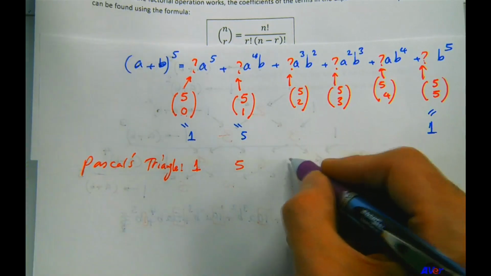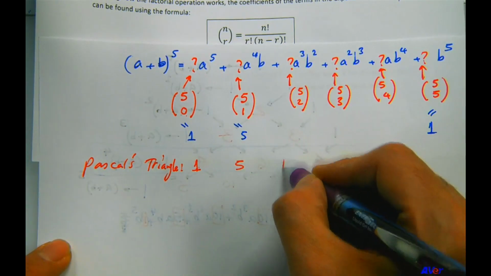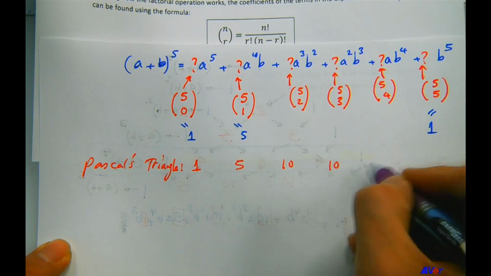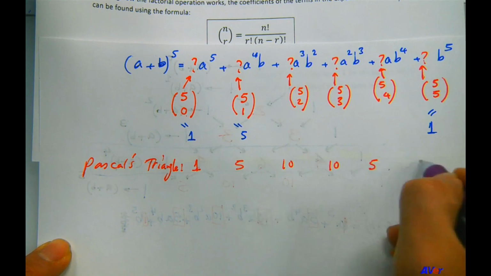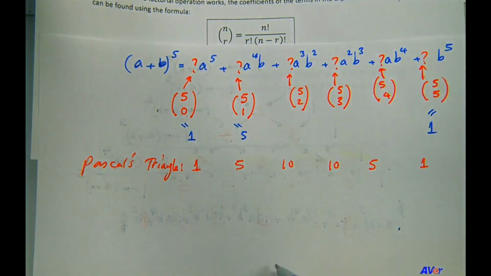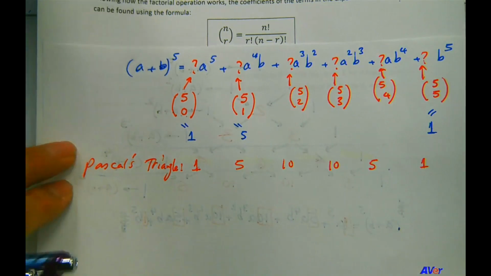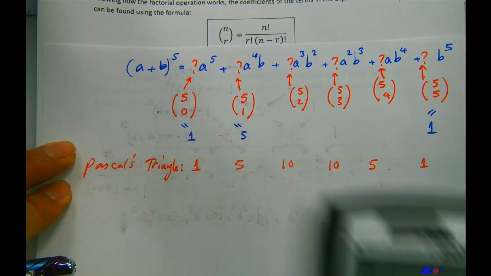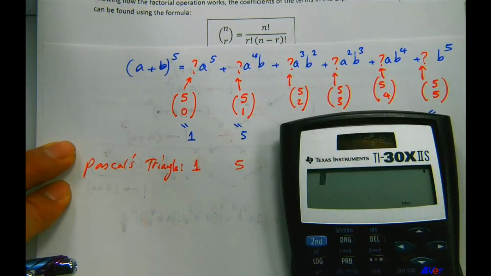And then the other ones are 10, 10 again, 5, and then 1, which is of course the same. Okay, so now let's verify using our calculator.